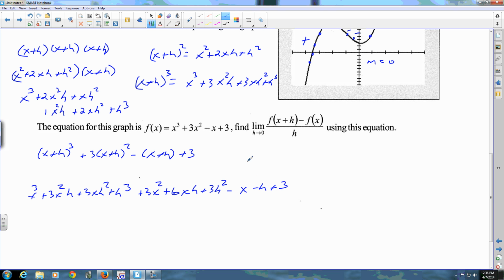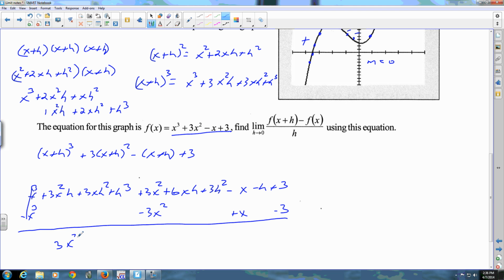Good gravy. Now I have to subtract all of this from it. So minus x cubed, minus 3x squared plus x minus 3. So anything that didn't have an h should start canceling out.